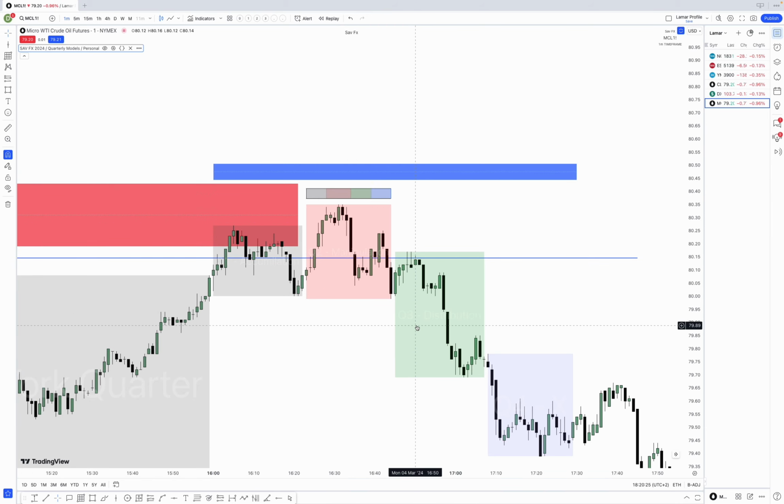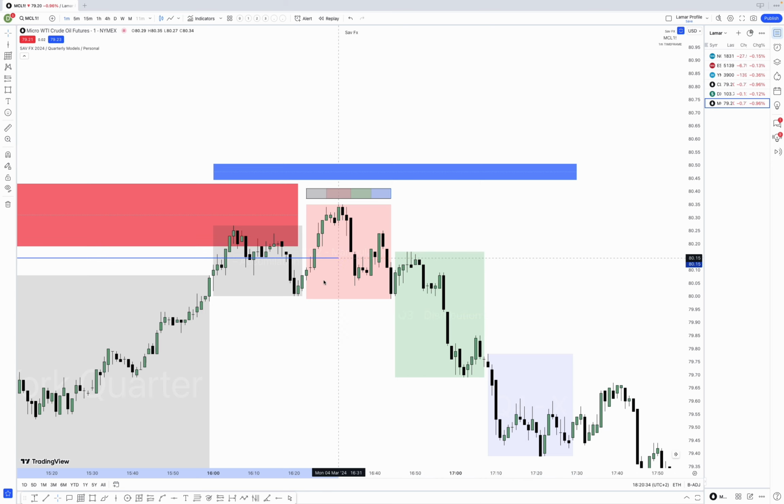And then, that's how you can utilize your entries without even looking or waiting for any forms of displacements. Usually they will be present, but sometimes you're not going to see them until it's too late.